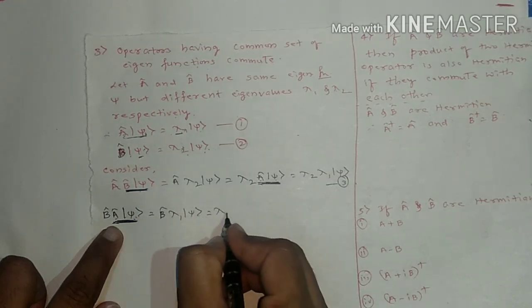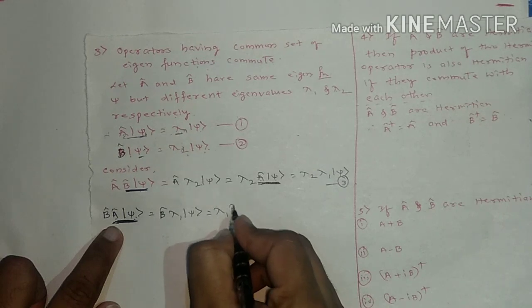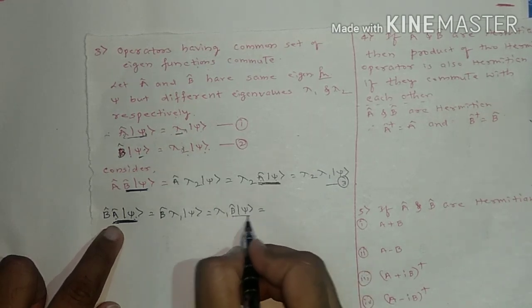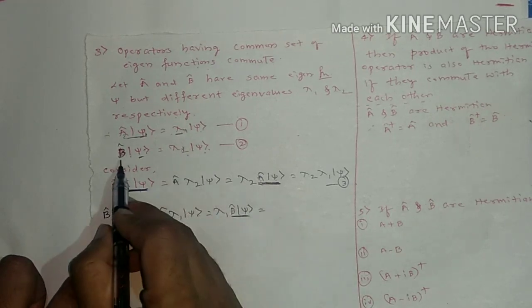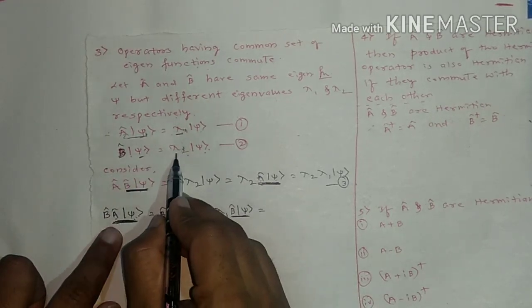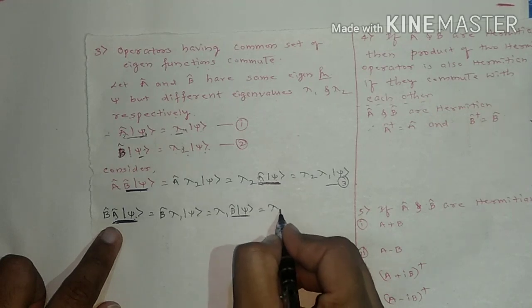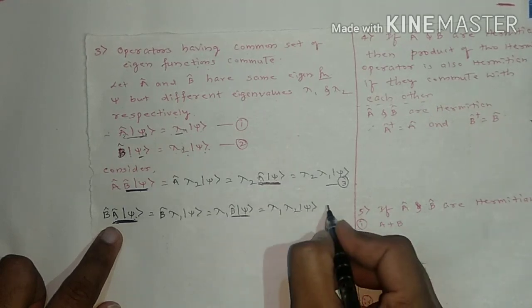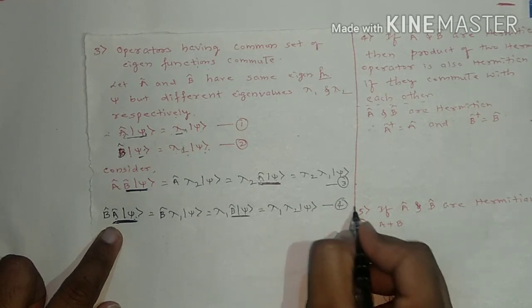So this can be written as lambda 1 operator B ket psi. Now B is operating on psi, so we get lambda 2 psi. So that will be lambda 1 as it is, and we get lambda 2 psi. Let us call this equation number 4.